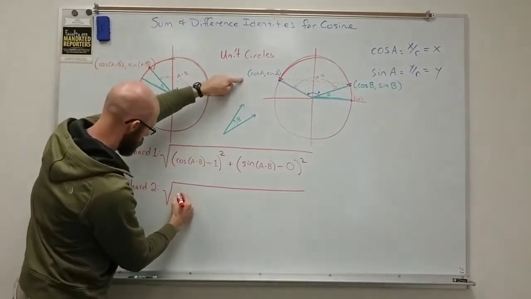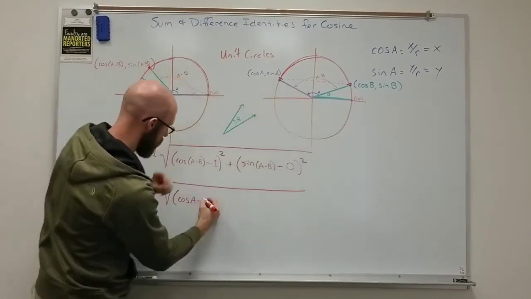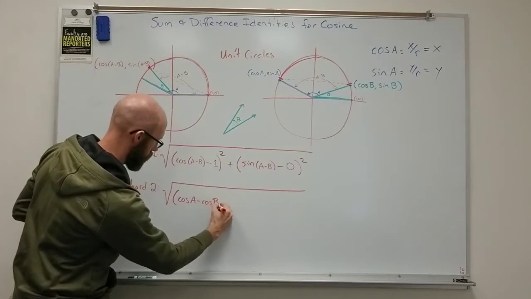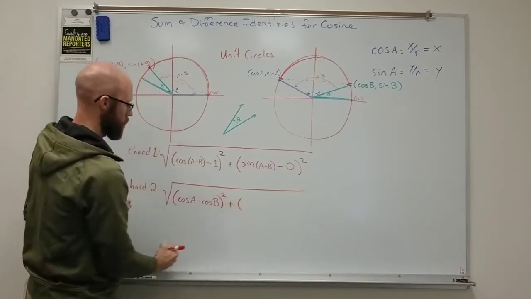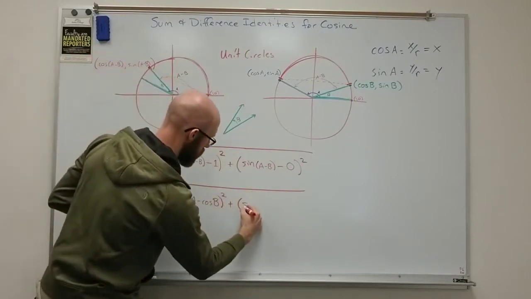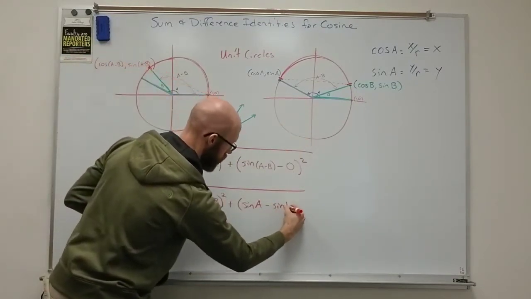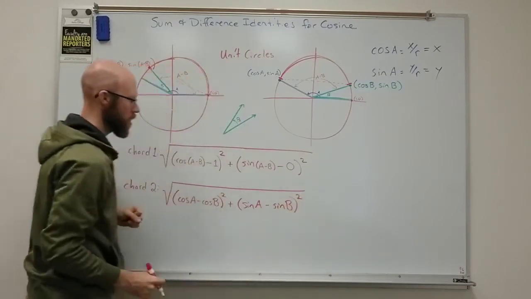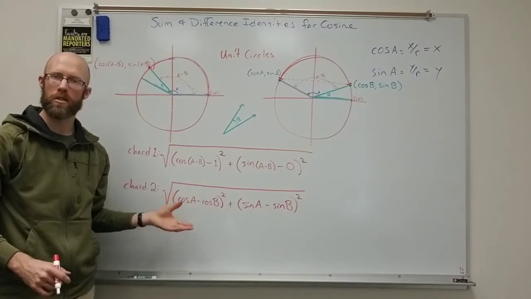So it's going to be the cosine of A minus the cosine of B, all squared, plus the sine of A minus the sine of B, again, all squared.